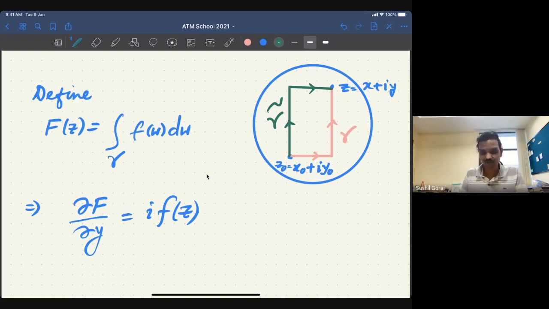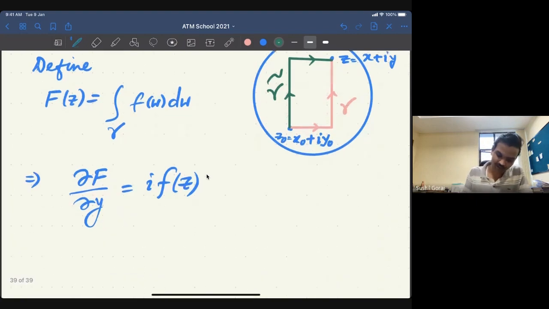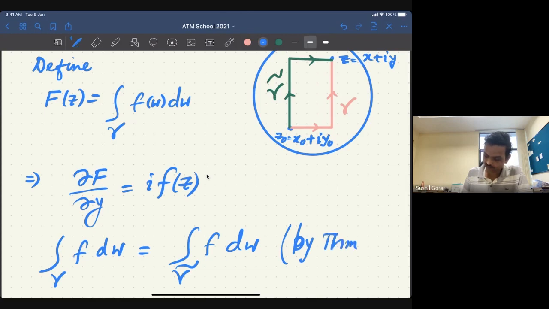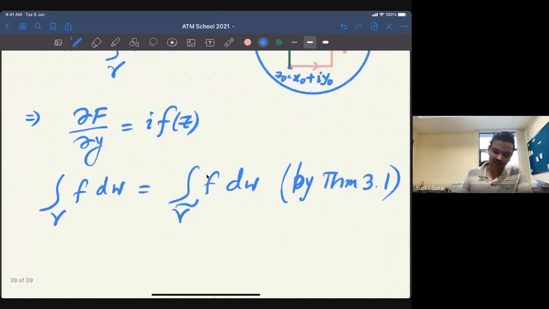So integration over gamma of f dz or dw is equal to integration over gamma tilde of f dw, by theorem 3.1. All right.